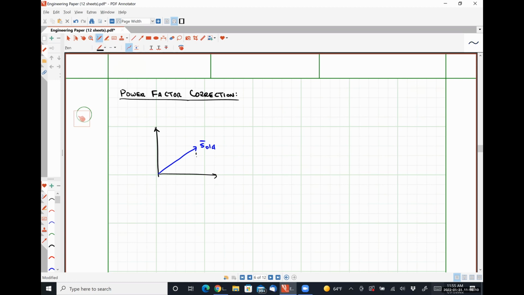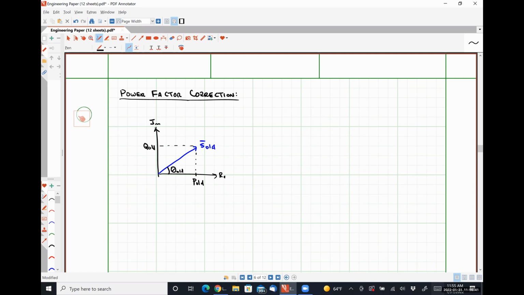The projection of this onto the real axis will be a quantity we'll call P old. The projection of this onto the imaginary axis will be a quantity we'll call Q old. Right? Let's call this angle here theta old as well.